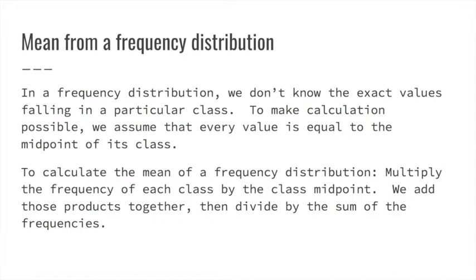We will multiply each class midpoint, which we found when we did the frequency polygon graphs, by the frequency, add all of that up, and then divide by the number of data values, which would be the total of the frequencies.